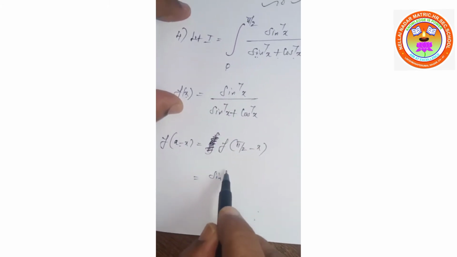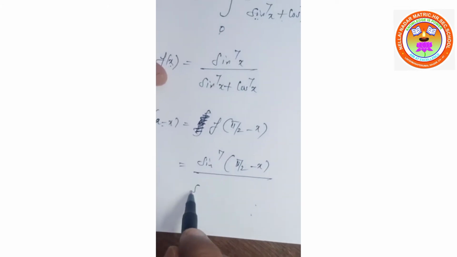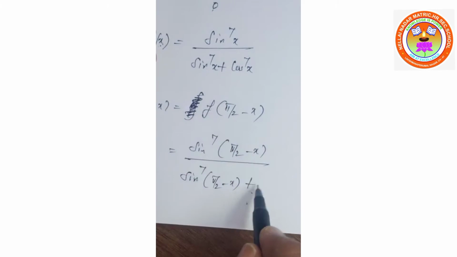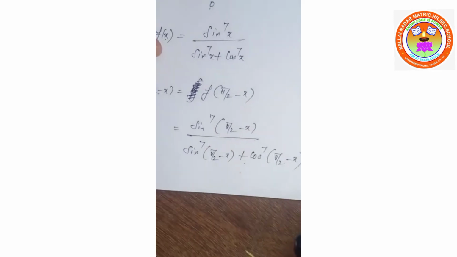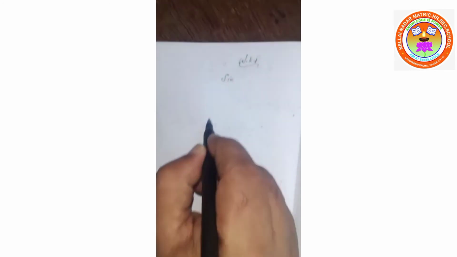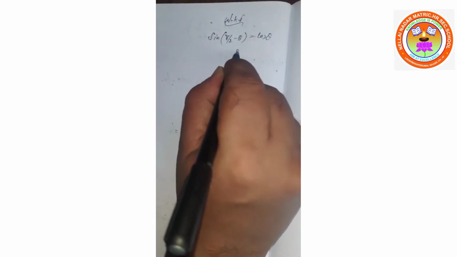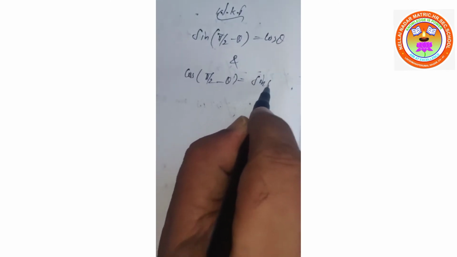So sine power 7 of pi by 2 minus x divided by sine power 7 of pi by 2 minus x plus cos power 7 of pi by 2 minus x. That is equal to, we know that sine of 90 minus theta equals cos theta, and cos of 90 minus theta equals sine theta.